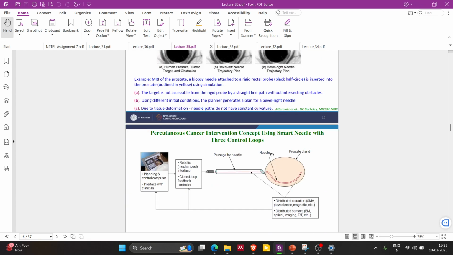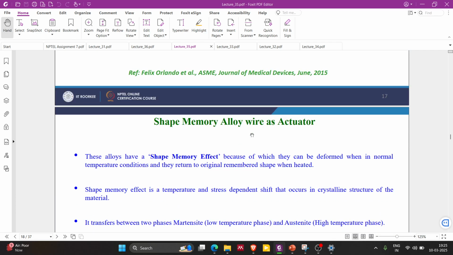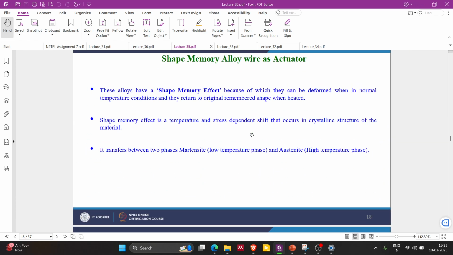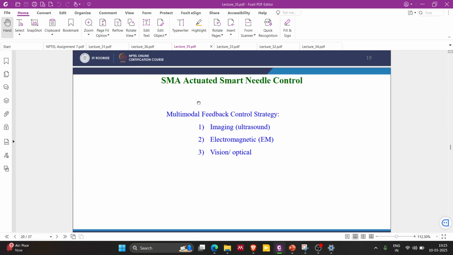So this is the first design they have made, and they have used shape memory alloy as their actuators. If you look, they have used a multimodal feedback control strategy. They have used ultrasound, which I was talking about, and electromagnetic.